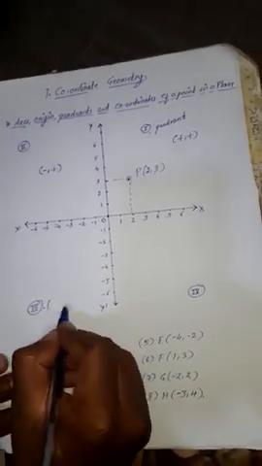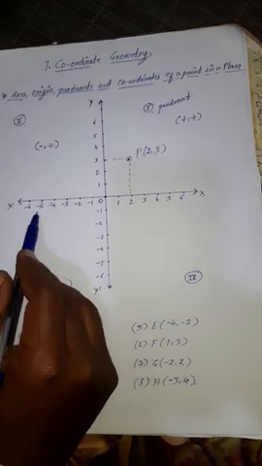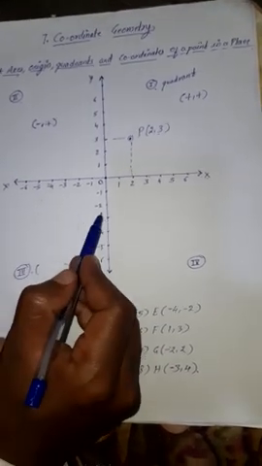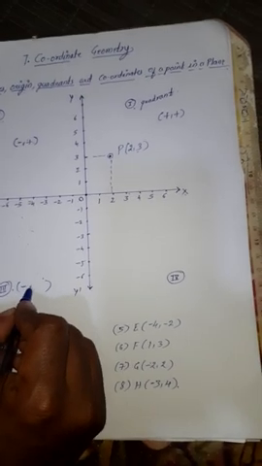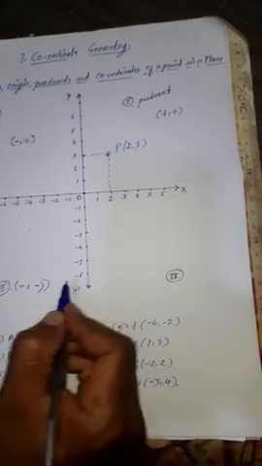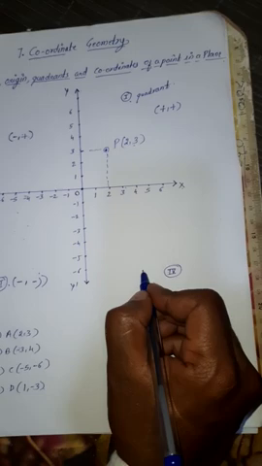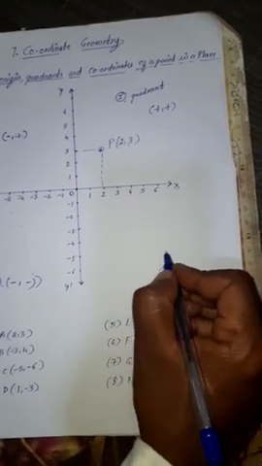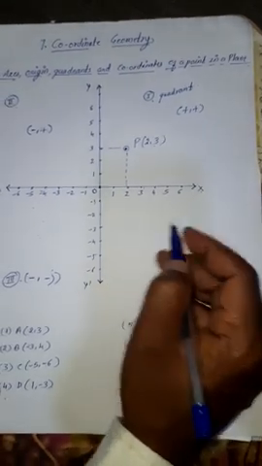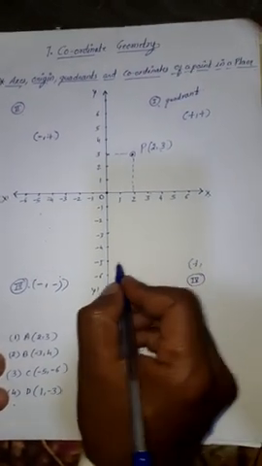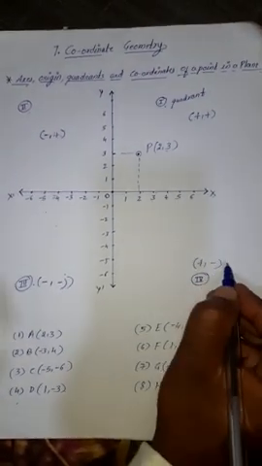In the third quadrant, x is negative and y is also negative. And in the fourth quadrant, again x is positive and y is negative.